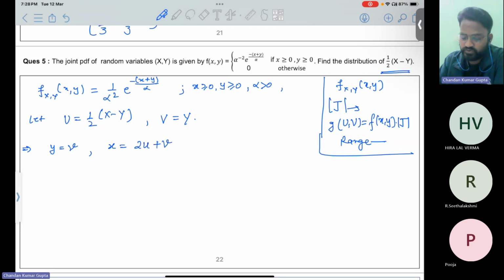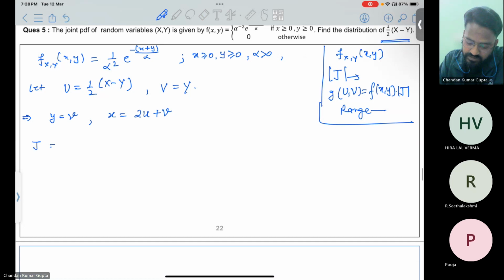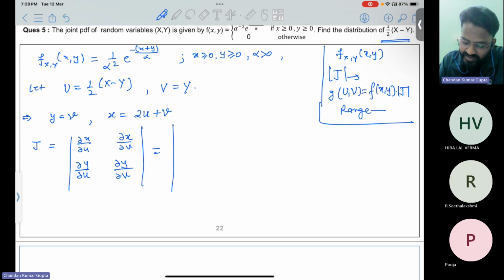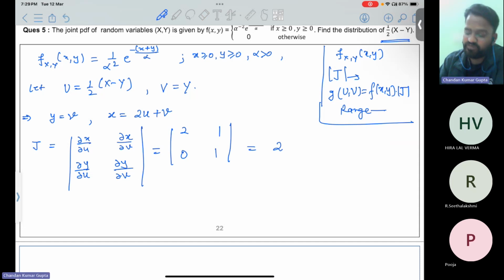Now the Jacobian: the determinant of del x upon del u, which is 2, del x upon del v, which is 1, del y upon del u, which is 0, and del y upon del v, which is 1. From here it comes out to be 2. So the Jacobian equals 2.